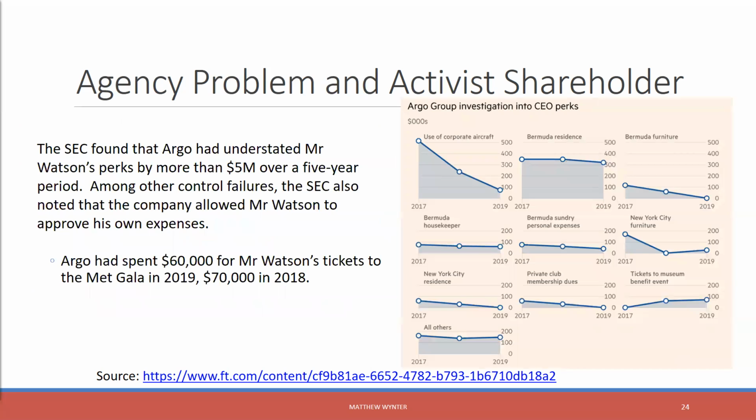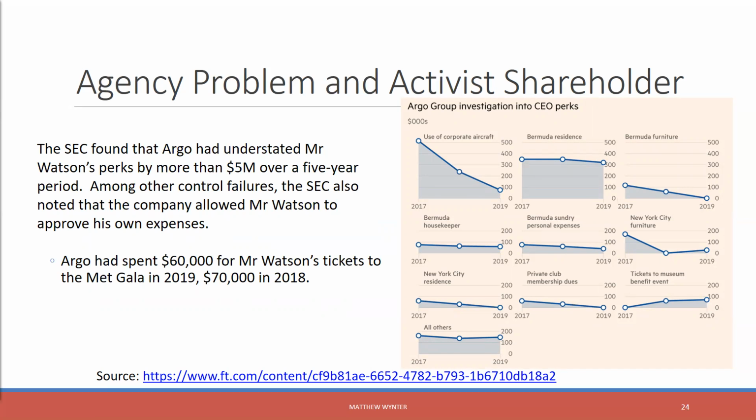So what happened? Voss launched a letter to investors basically saying, this is our worry, this is our concern. And the SEC did an investigation. The SEC found that Argo had understated Mr. Watson's perquisites by more than 5 million over a 5-year period.